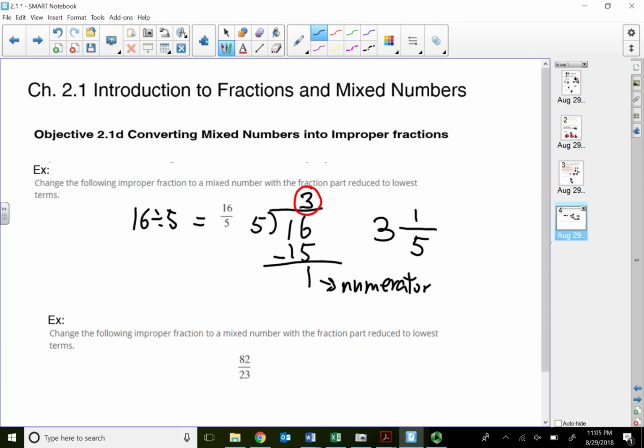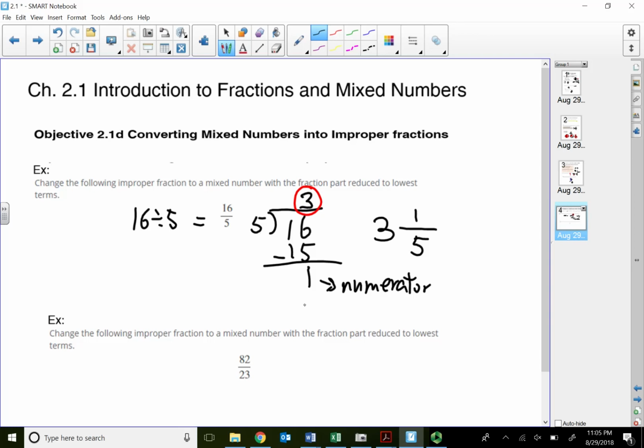So why do we take the denominator times the whole number, then plus 1? Basically, the denominator is really a divisor. The whole number is really the quotient. So if I take my quotient and multiply by my divisor, that will give me 15.